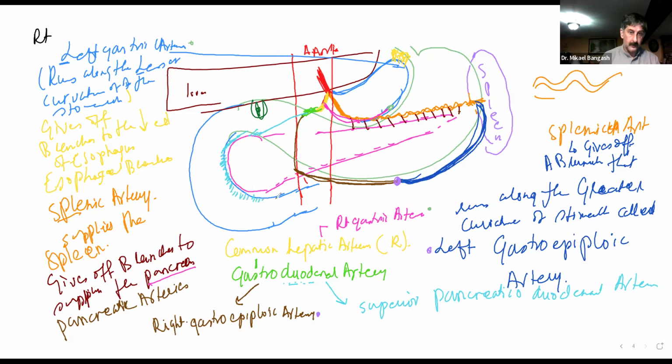Supplying blood. So yes, that first 2/3 of the duodenum, and also gave off branches to the pancreas.